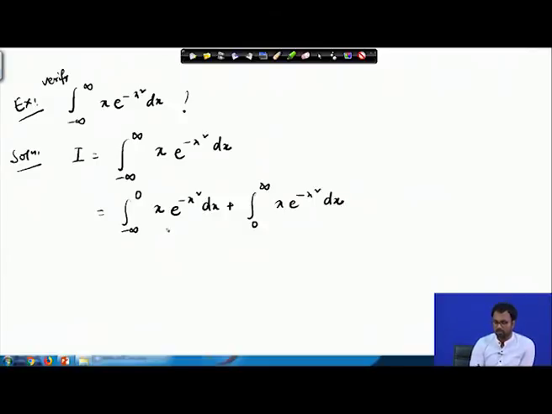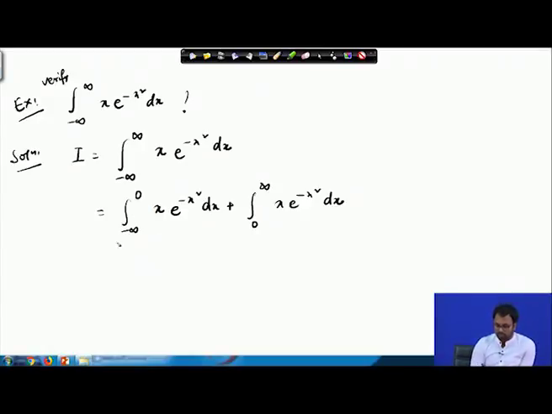We have to make sure that in these intervals the function is not unbounded. Whatever point I choose, in between those two points the function should not be unbounded. If you see, between minus infinity and 0, it does not matter what we substitute, it will always remain finite, and similarly from 0 to infinity. So, we have to choose this point in such a way that the integrand remains bounded.